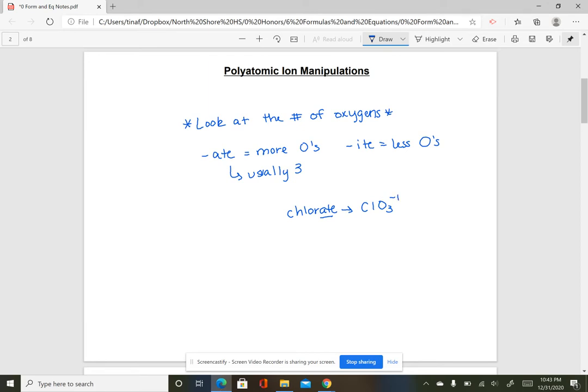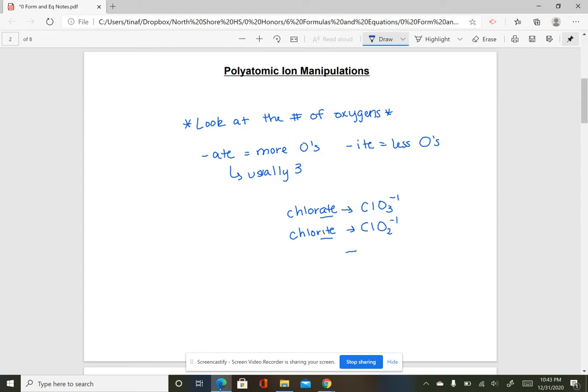So now if you can remember that one polyatomic ion, then you can remember that chlorite, "ite" means less, so it has 2 oxygens. So there's "ate" versus "ite." You can go even further. A lot of the polyatomic ions start here, it's like a group of 2, but you could go even further.